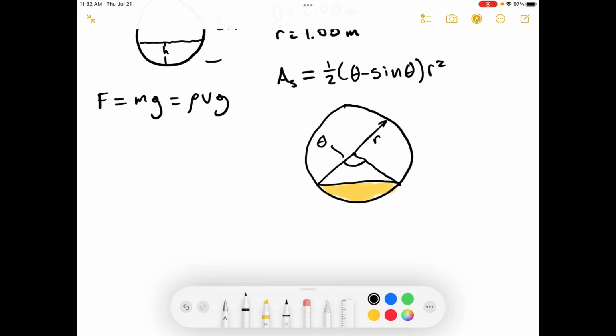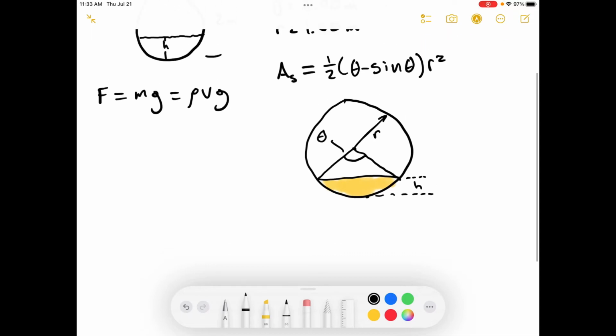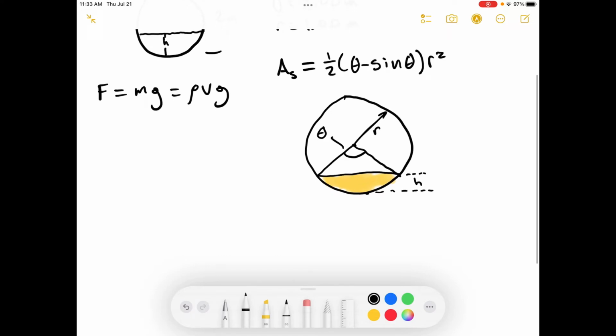Okay, so that's a section of the circle, and in our drawing, the height would be right here, little h. So we need to solve an equation that puts theta in terms of r and h, because we know r and h, but we don't know what theta is, and theta is going to change as the drum fills.